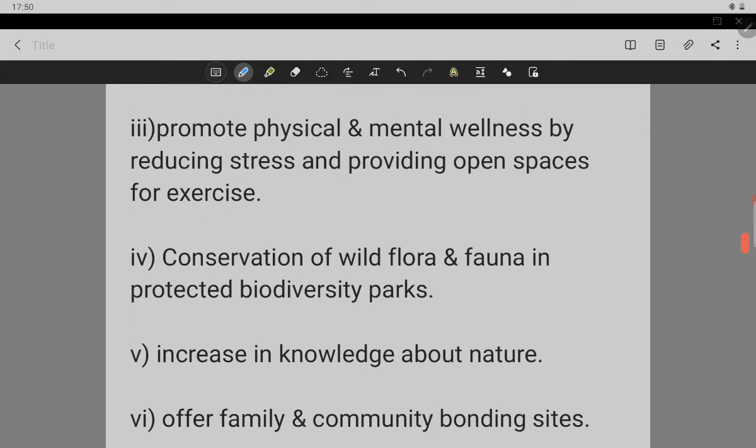The third point is promote physical and mental wellness by reducing stress and providing open spaces for exercise. This is very simple. Any type of natural space reduces physical and mental stress. It promotes physical and mental well being, reduces stress, helps to exercise in an open space.